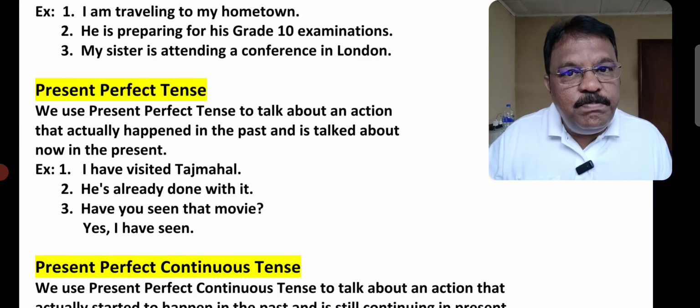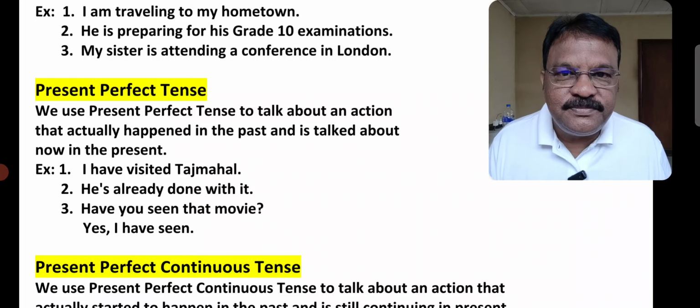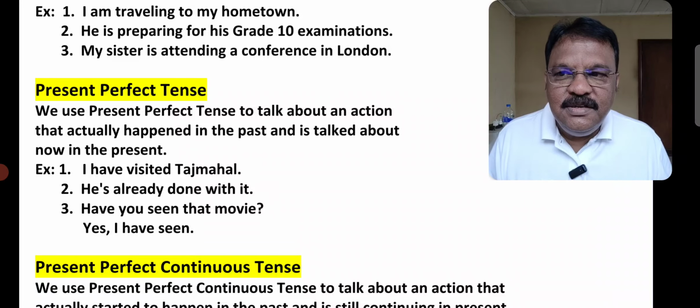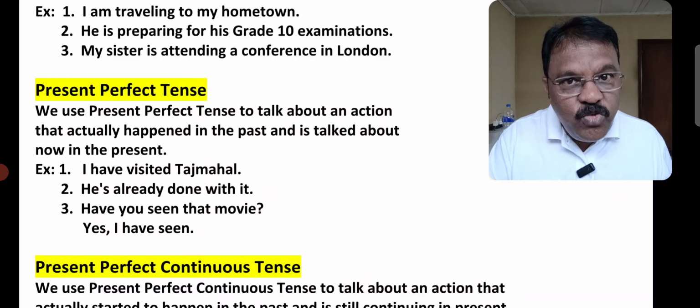So my dear friends, remember this, we use present perfect tense to talk about an action that actually happened in the past, but we talk about that action now in the present. Got it? So have you seen that movie?